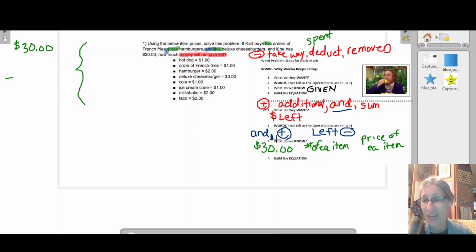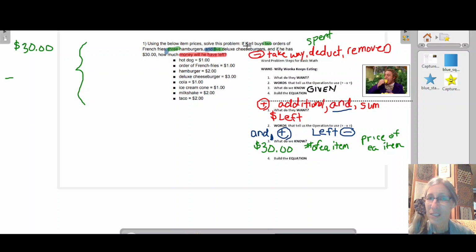And we'll see what that operation is when we get deep into it. We don't have to write all the operations down because this is a process. So let's figure out what we have to subtract from $30. I'm just going to start going through the items to see if we can figure out what he spent for each item.